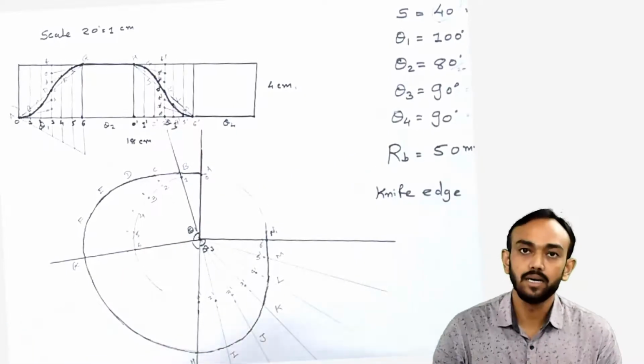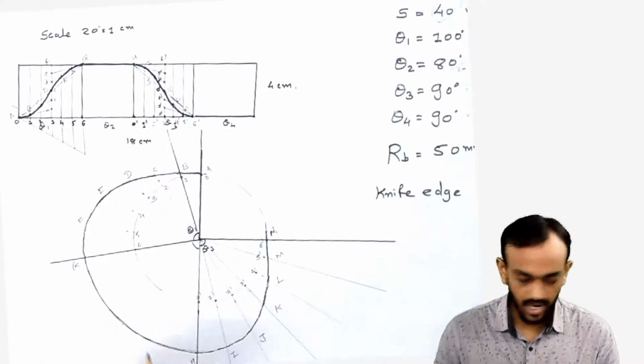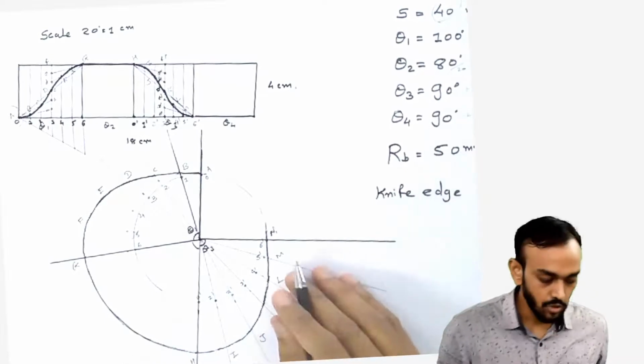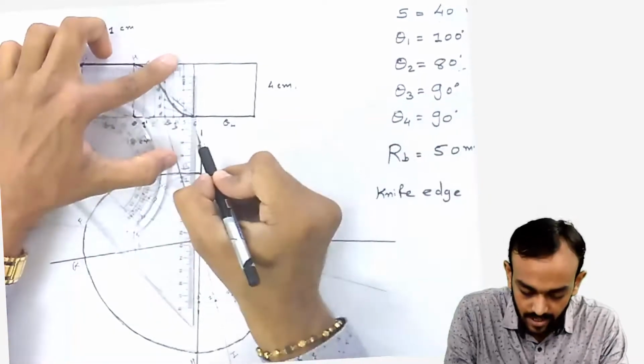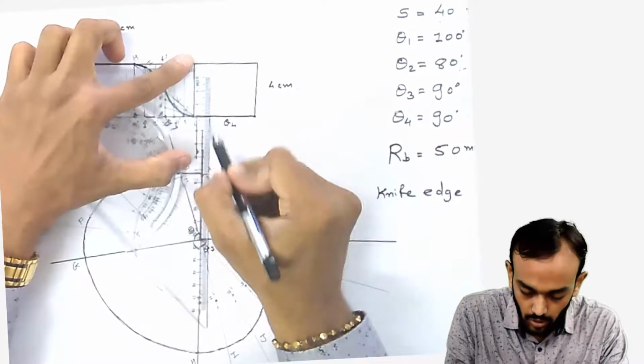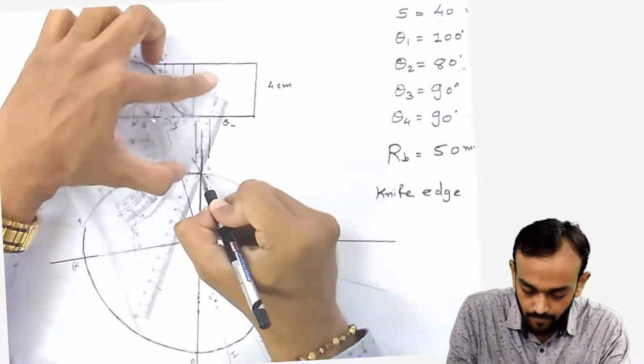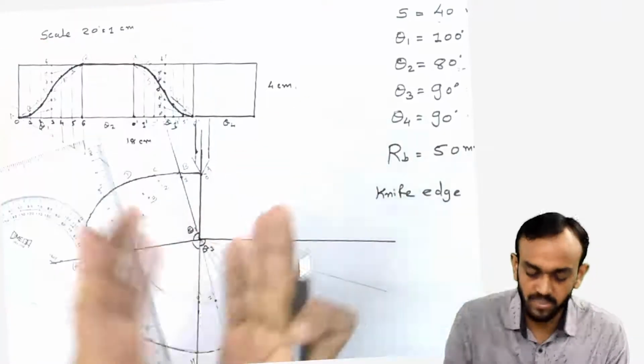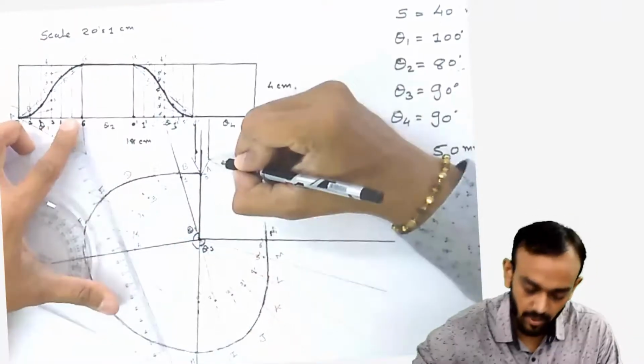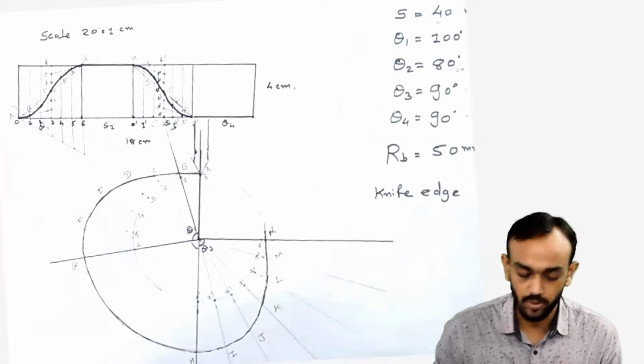This is the cam profile, and at the end of the cam profile you can draw the follower like this. If the knife edge is there, you have to draw the knife edge follower like this. Okay, there is no specific dimension, we just have to draw the knife edge follower.